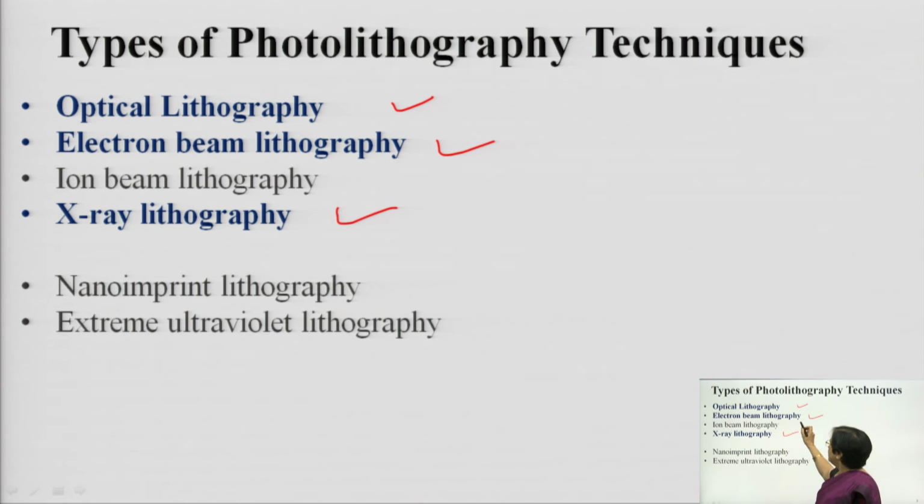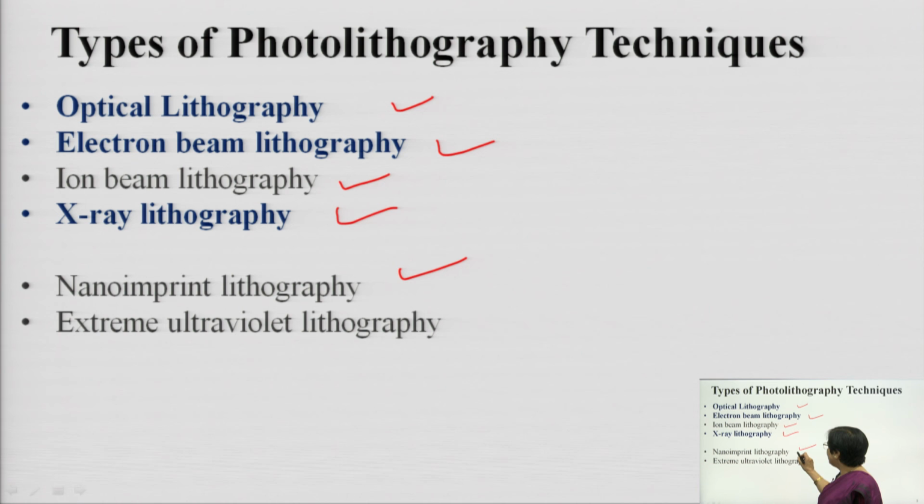Apart from it, a variant of X-ray lithography or electron beam lithography is ion beam lithography, and you have something known as nano imprint lithography also, with devices getting scaled to the nano scale regime, that is 10⁻⁹.